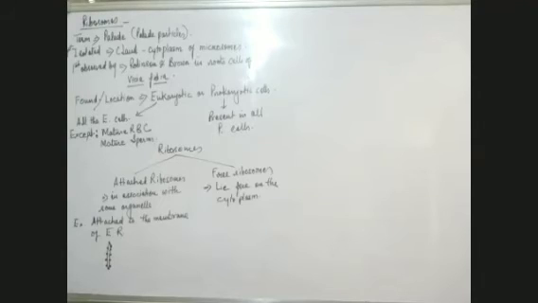Try to memorize. ER, I have already written. Root nodules? No, beta. Those are special structures known as nodules in which the bacteria lie, not ribosomes. But there is one more organelle where the ribosomes are attached.